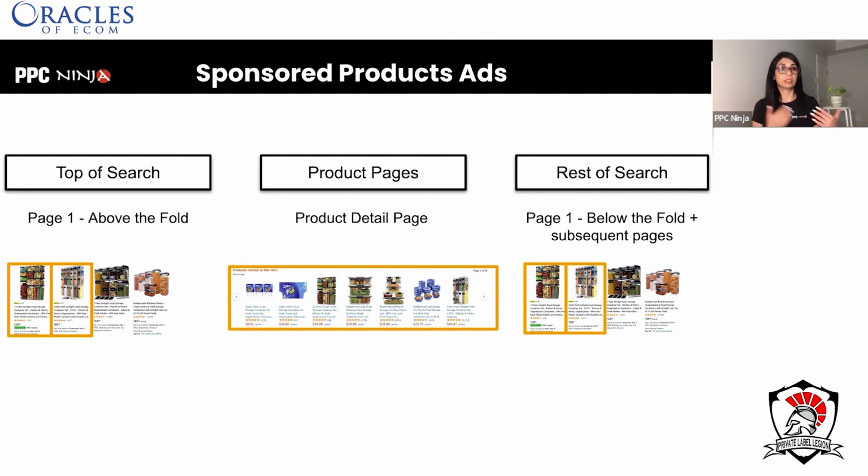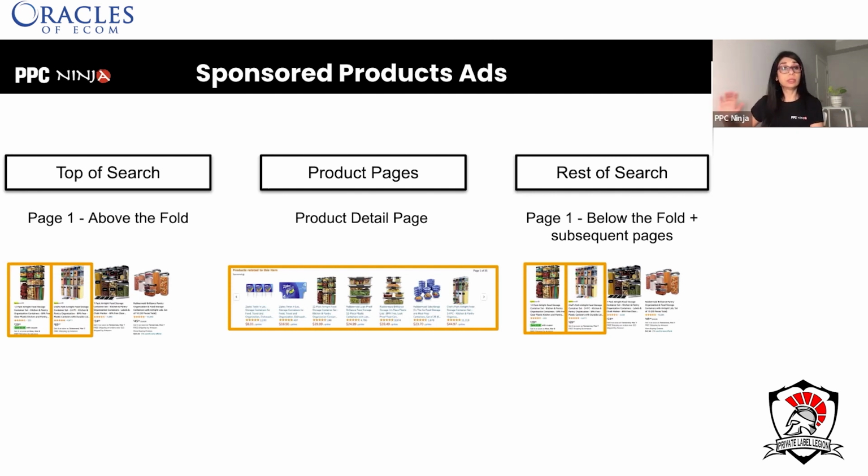In the case of top of search, bidding a little bit higher in real time will allow Amazon to show your ads above the fold, and bidding higher in the case of product pages will help Amazon show your ad at the head of this carousel, which could, by the way, go up to 200, 300 pages even. So it's all about visibility. It's no longer about just trying to rank on page 1, because even amongst ads, there's so much competition these days. You're lucky if your ads are even showing up for certain keywords.